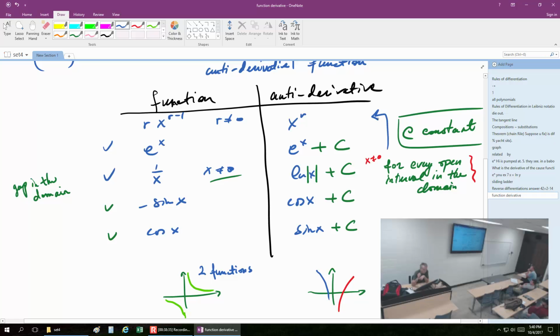The same caveat applies to the first line as well. It does not apply to the rest of the rows of our table, simply because all of the rest of the functions do not have any gaps in the domain. Sine, cosine, exponential function: the domain is the whole line. But the function in the first line, like 1 over x, might have a hole at 0 when r is negative, say r is -1.